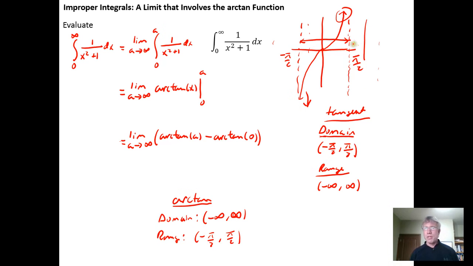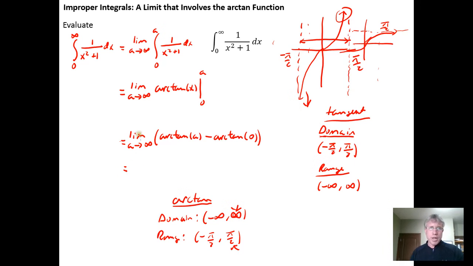So when you reflect it, you're going to get something that goes like this. It's going to come through the origin and zip up, and the vertical asymptote becomes a horizontal asymptote at pi over 2. So the key here to recognize is that as a goes to infinity, the output for the arctangent function is going to go to pi over 2 as the arctangent approaches this horizontal asymptote at pi over 2.